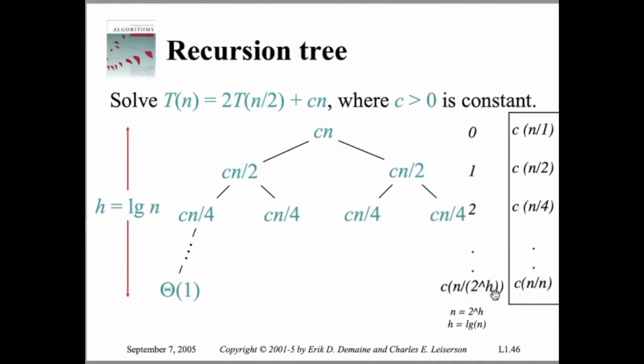So, unknown sa akin ano yung height ng tree, right? So, to get the height of the tree, it's just a matter of getting ano ba yung height ng tree if my 2 to the h is equal to n. So, n is equal to 2 to the h, then solving h with respect to n, kailangan ko lang siyang i-logarithm base 2 to get log n. So, yun yung reason bakit nasasabi natin that the height of the tree is log n.